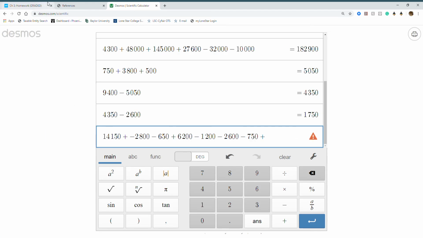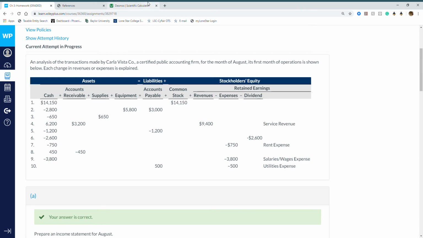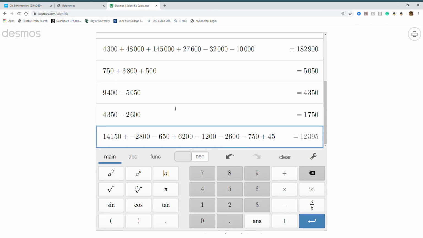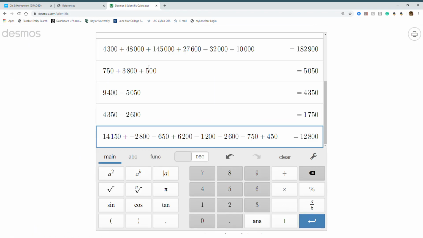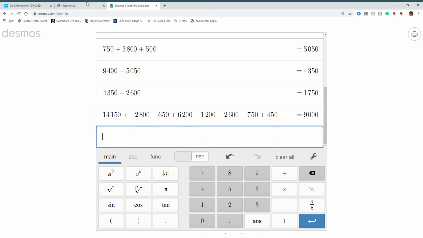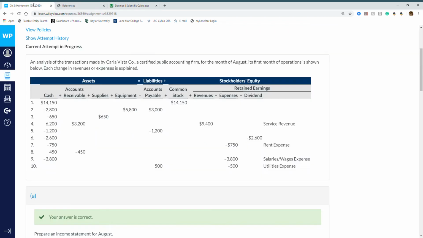I think it was plus $450. And then finally minus $3,800. There we go. So we'll end up with $9,000. Cash account usually does take a while.